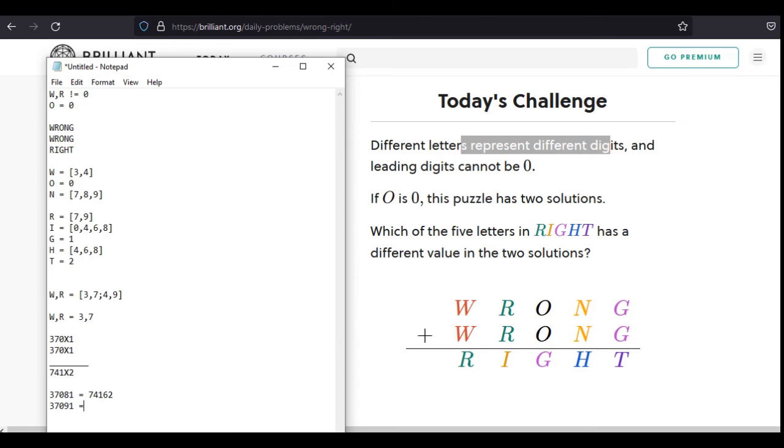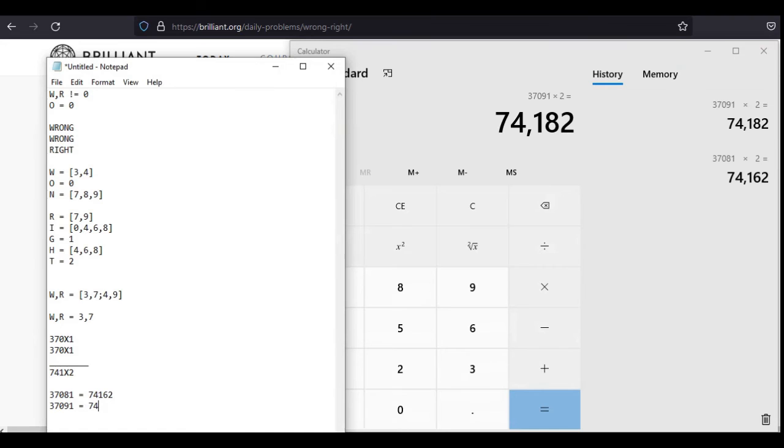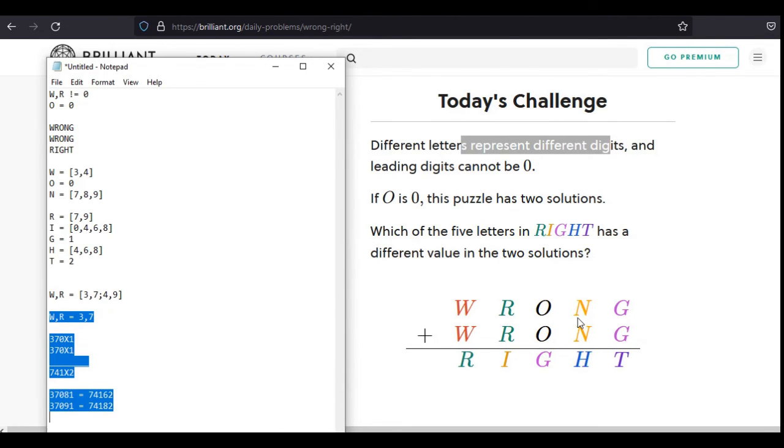What if it is 37091? 37091 into 2 makes it 74182. Is this okay? 7, 7, 4, 4, 1. 8 is not there, so it's fine. So there are 2 possibilities. All this is if the case is 3, 7. The only number that is changing is H.